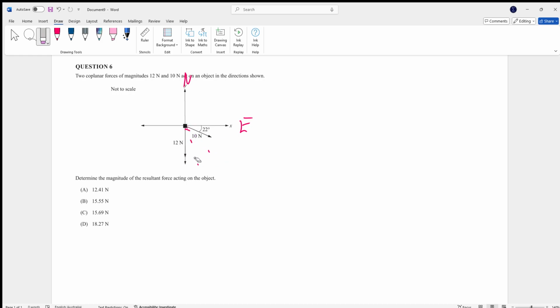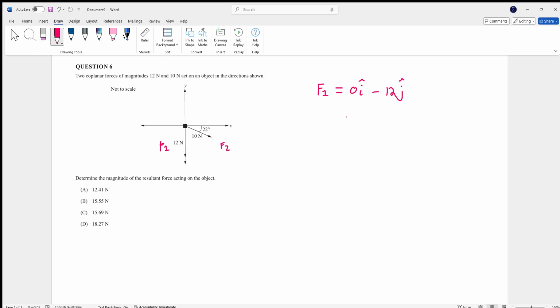Now, how we actually answer this question is we've got to break it up into components. So we'll call this F1 and we'll call this F2. F1 only has a vertical component, so we can break it up into a force vector. F1 will be 0 in the x direction and 12 in the y direction. However, the direction matters, so we'll say it's negative 12 because it's a downwards force.